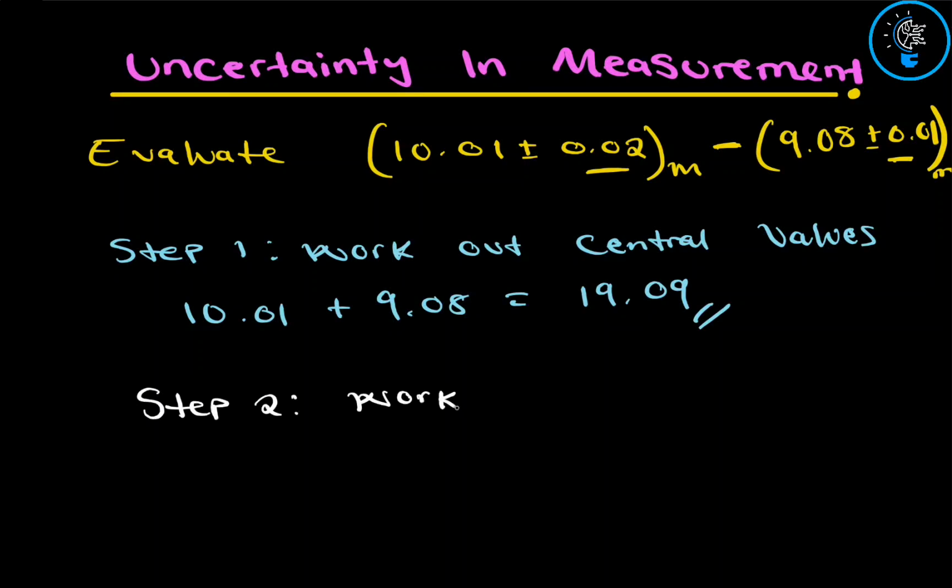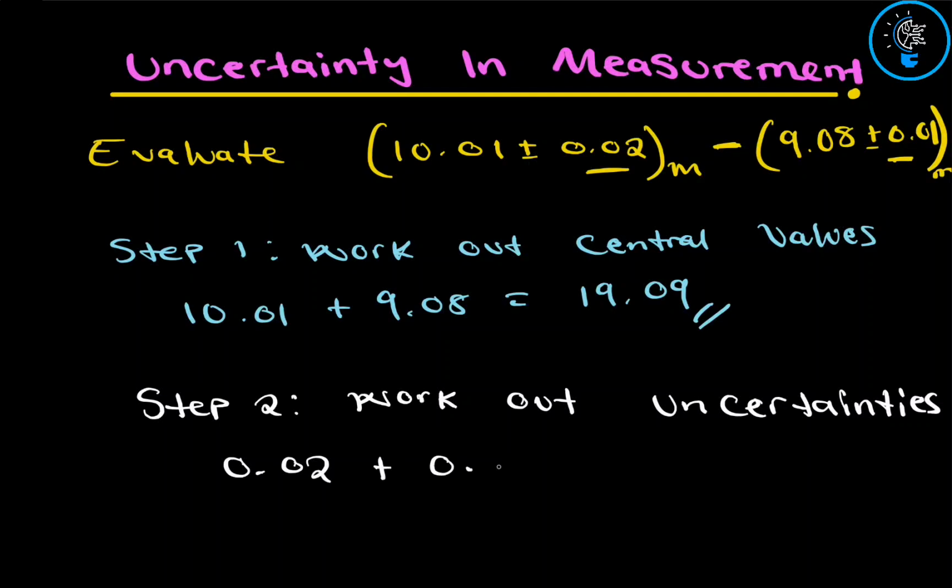Now let's work out our uncertainty. This time we are going to get the absolute values. So the absolute value 0.02 has to be added with 0.01, which will be equal to 0.03.